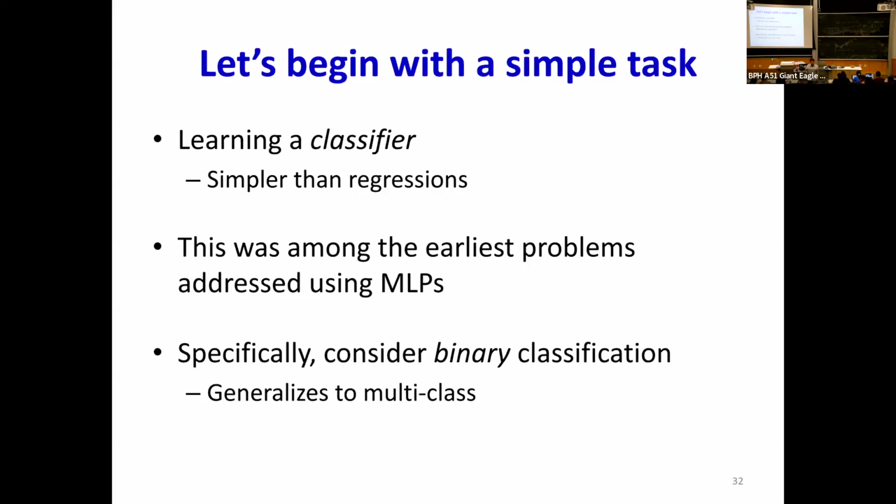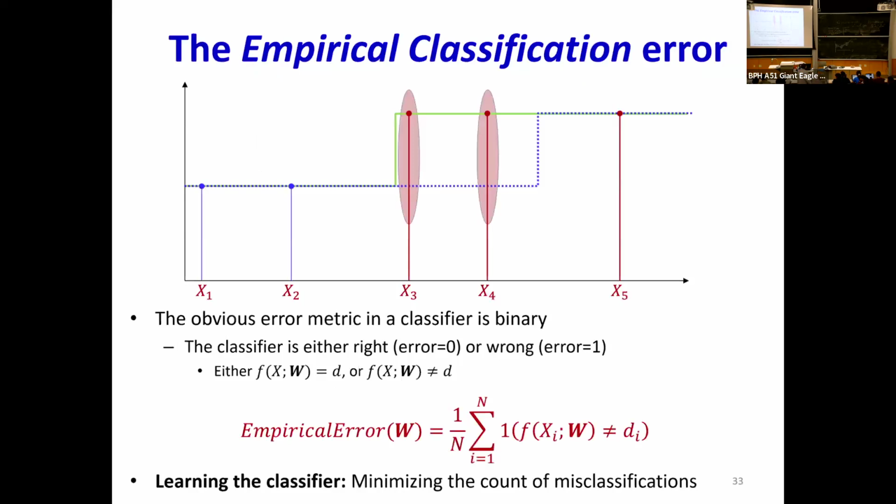So what would the error be? If the output of the network is the correct class, there is no error. If the output of the network is an incorrect class, there is an error. So here, if your target function is the one shown by the dotted line, the output can only be 0 or 1, and I'm showing you one-dimensional input.